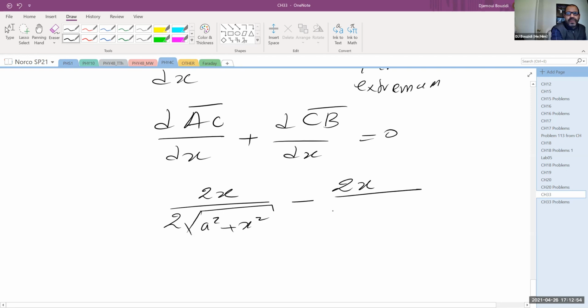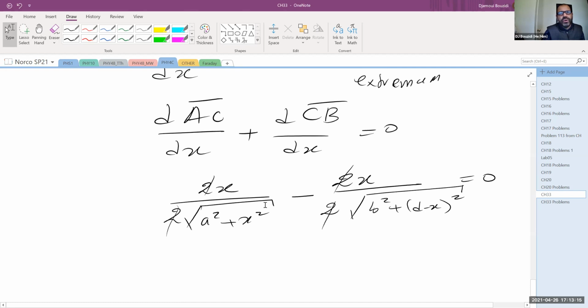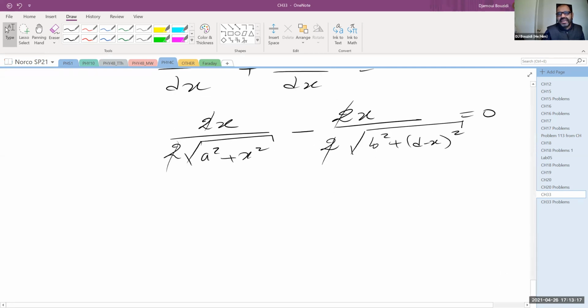So it's minus 2x divided by 2 times the square root of b squared plus d minus x squared under the square root. This must be equal to 0. Cancel the 2 from both sides. And leave the x there. Don't change it. Don't cancel it.